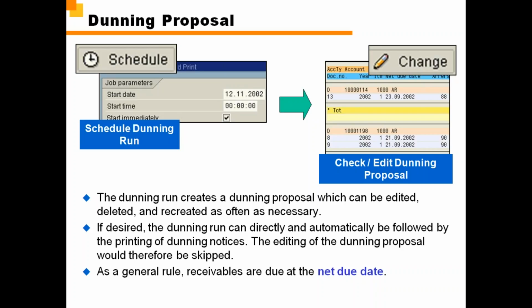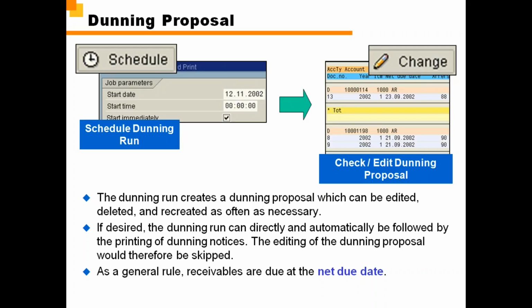In the second point it is saying that if desired, the dunning run can be directly or automatically followed by the printing of the dunning notices. The editing of the dunning proposal can therefore be skipped. So if you don't want to make changes in the editing function, that is okay, we can just skip this step.